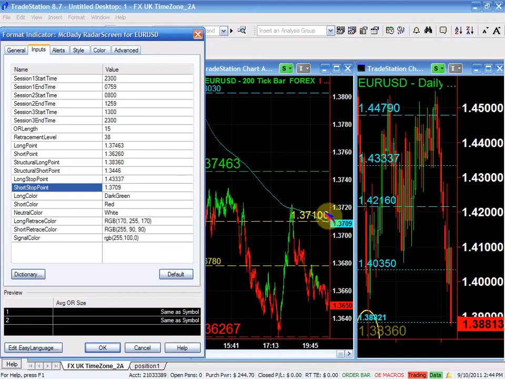Okay, and if I'm buying it above, I'm going to use the 137 market side as a long and a short stop.